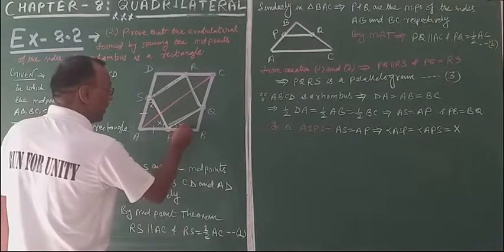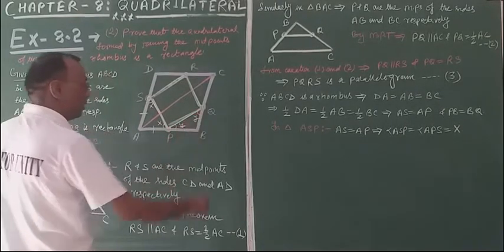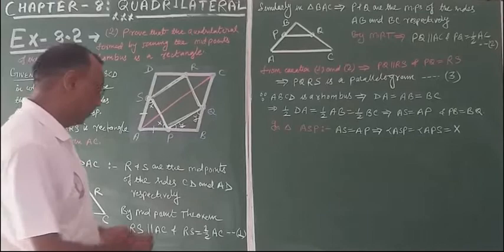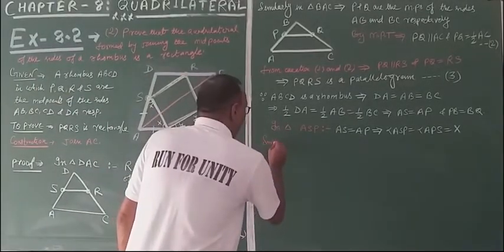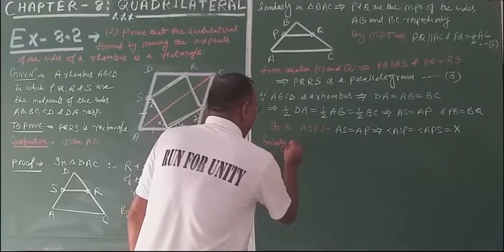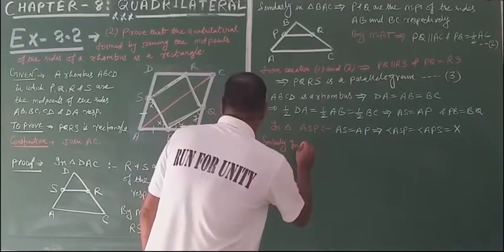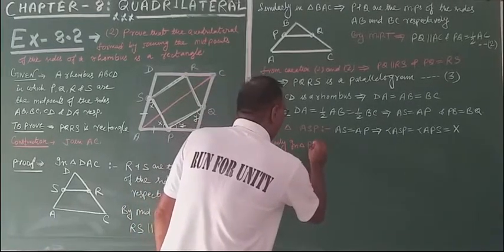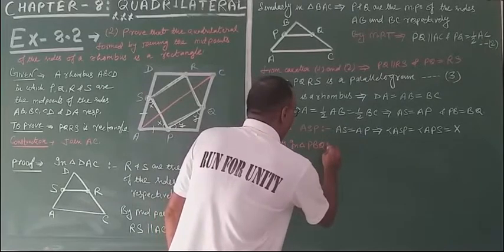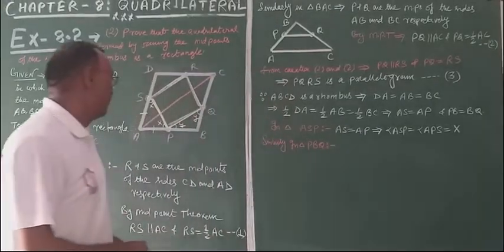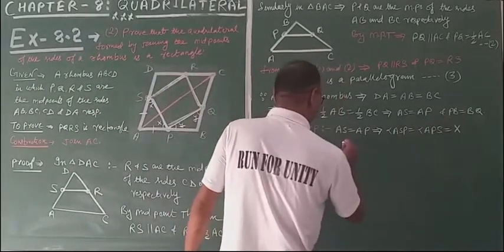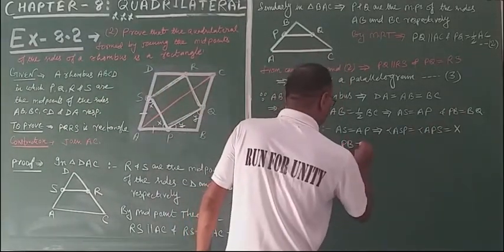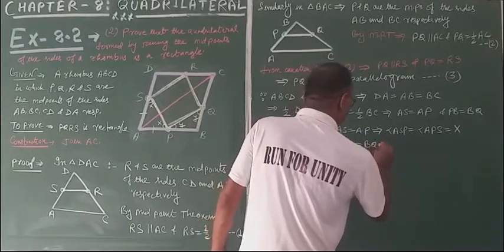Similarly, in triangle PBQ, what is there? PB is equal to BQ. We have proved that here.